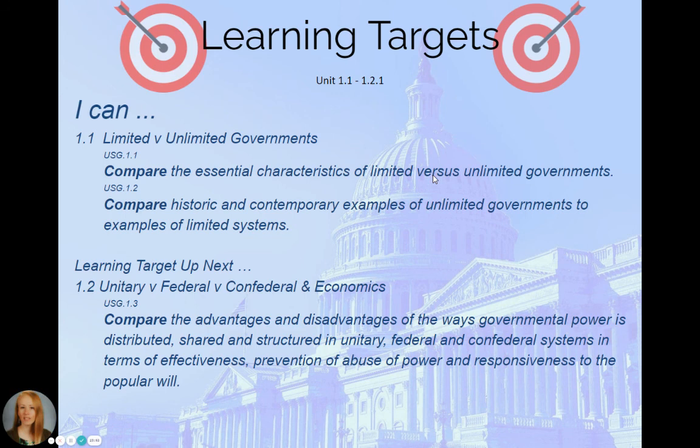What we're going to take a look at moving forward in our next learning target is comparing the advantages and disadvantages of the ways government power is distributed, shared, and structured in unitary, federal, and confederal systems in terms of effectiveness, prevention of abuse of power, and responsiveness to popular will.